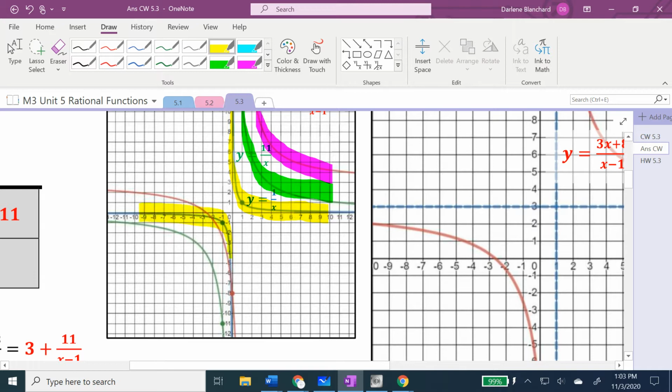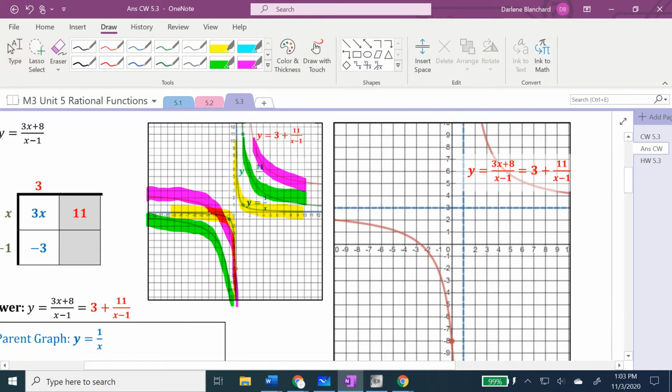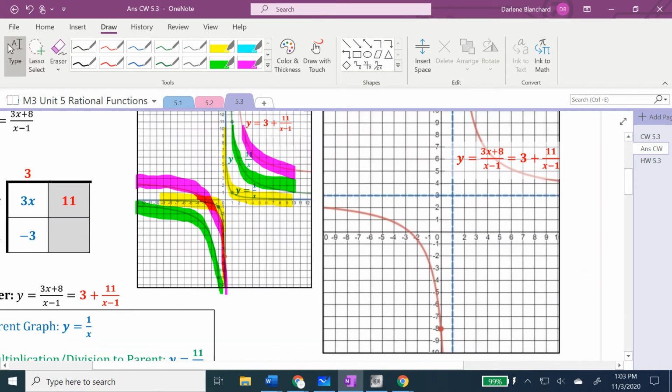This is the blue. And then this is the multiplication by 11. And then the movement. But there you go. The main thing is to get that final graph. And you don't have to draw the entire graphs on the way there, but you can if you want to.